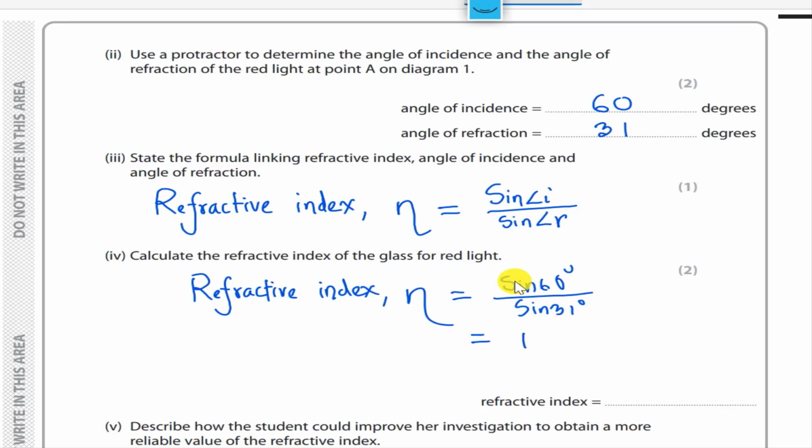So it is 1.68. Refractive index has no unit because it is a ratio of the same thing, that means a ratio of two sines of angles. That's why there is no unit in refractive index. 1.68.